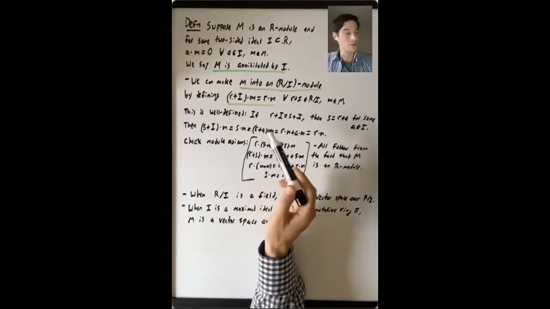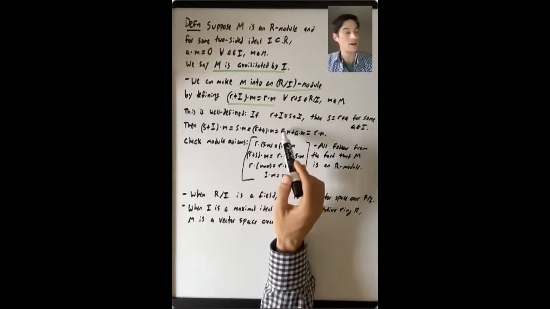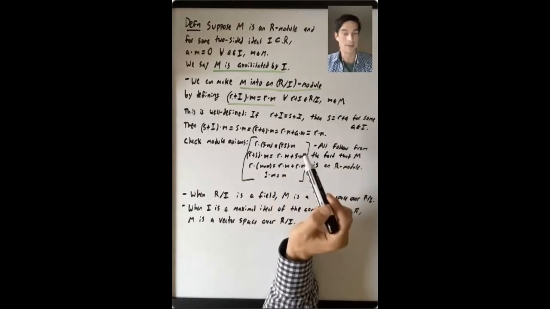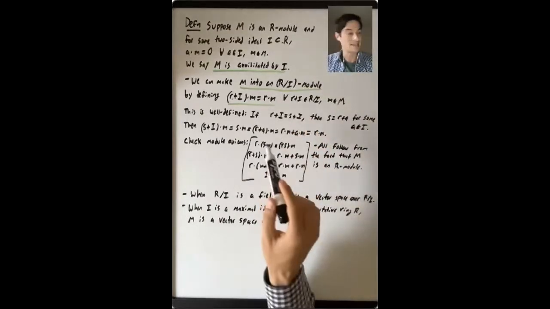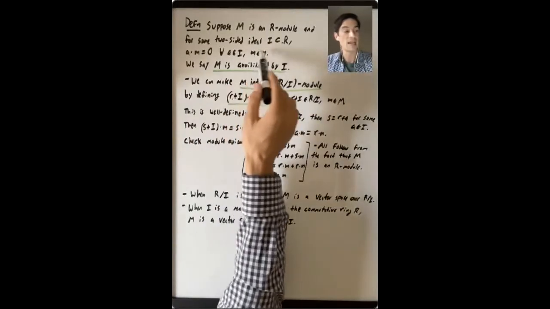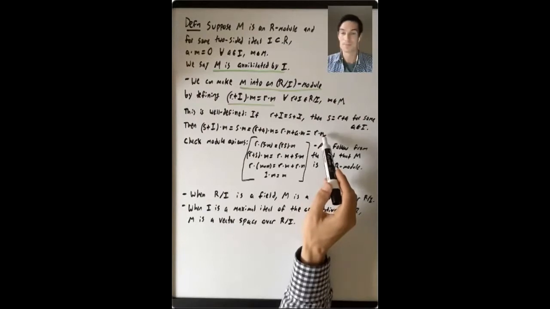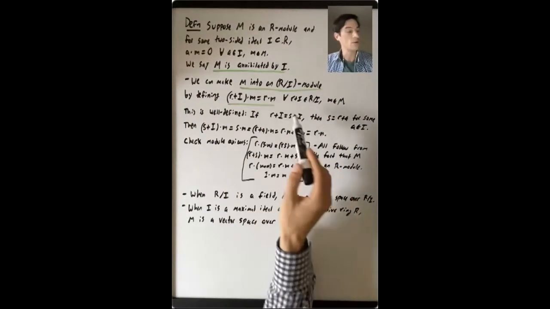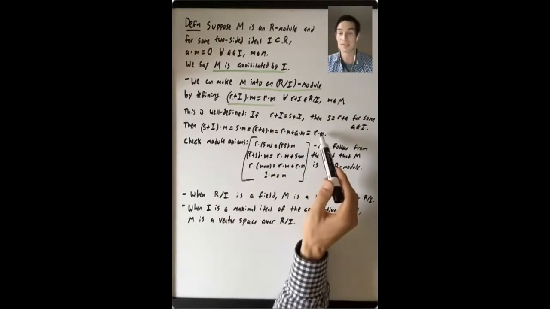And then using the distributive law, one of the module axioms, that is r dot m plus a dot m. But what's special about this ideal I is that we know that a dot m equals 0 for any a in I and m in the module. So this just is r dot m. Okay, so if you pick a different representative for the coset, you still get the same element of the module M.